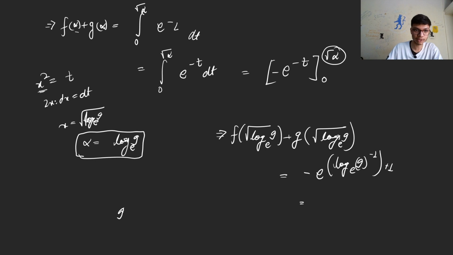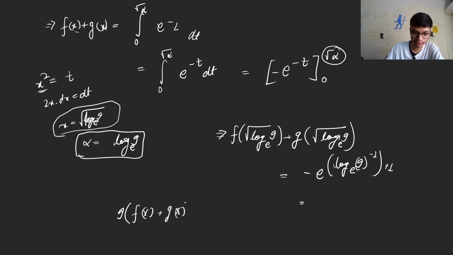Instead of writing alpha, I will replace it with that, so I will write it as x over here, the same. And from here I will get 9 times f of x, where x is going to be this particular value, root under log of 9. So f of x plus g of x is going to be equal to 9 times 1 minus 1 by 9.